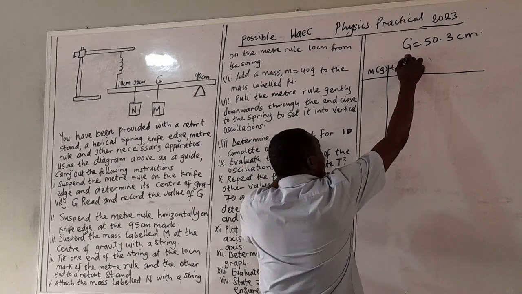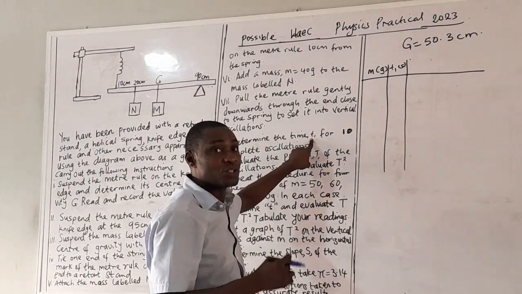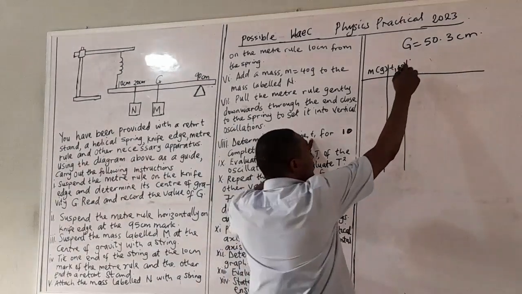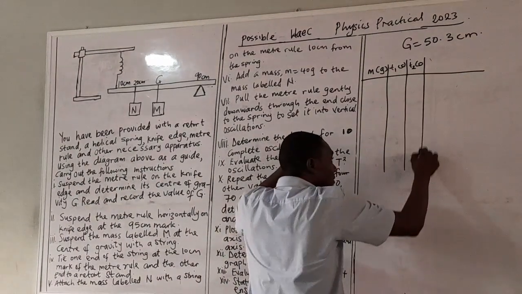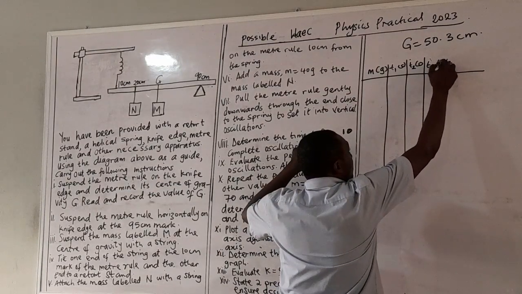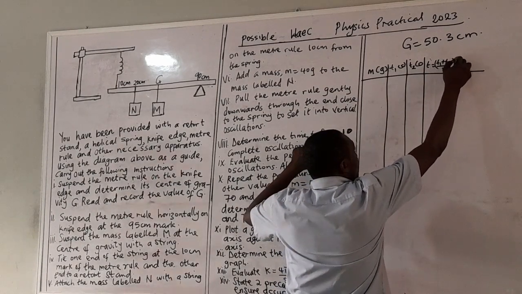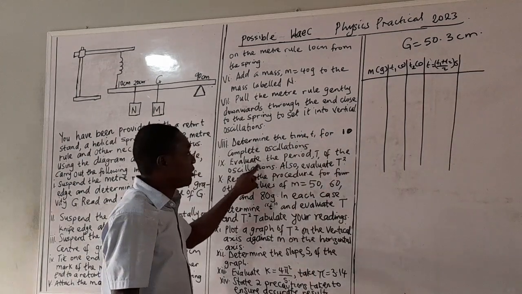Then we take time again, because the oscillations are very fast, so we need to take averages. So we have T2 in seconds, then t is going to be equal to T1 plus T2 divided by 2, measured in what? Seconds.